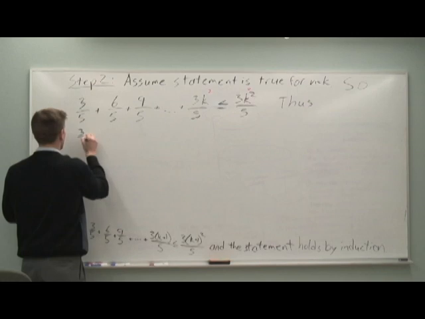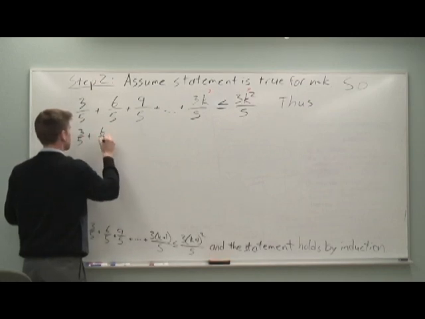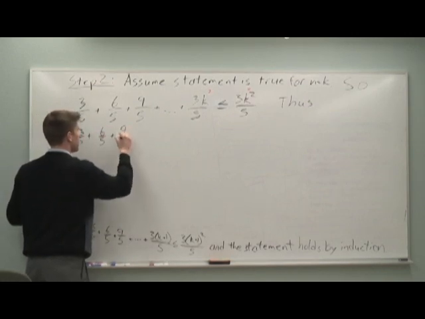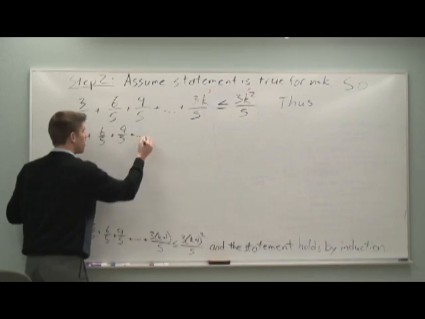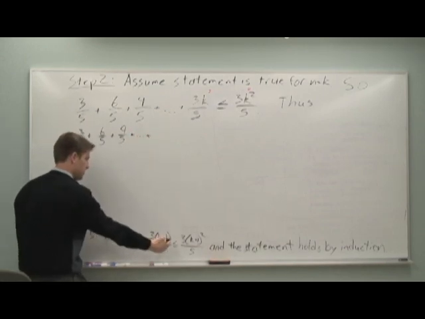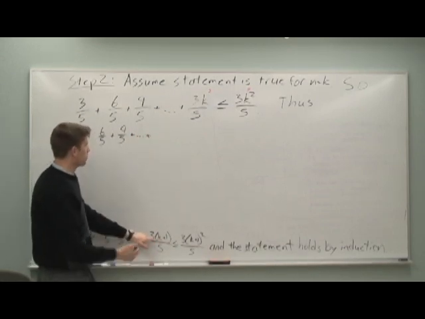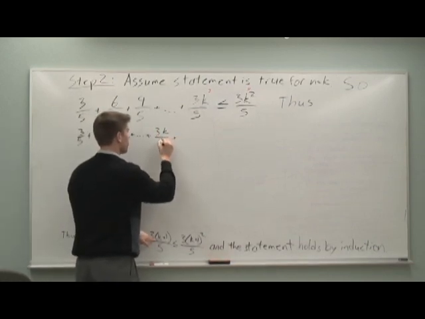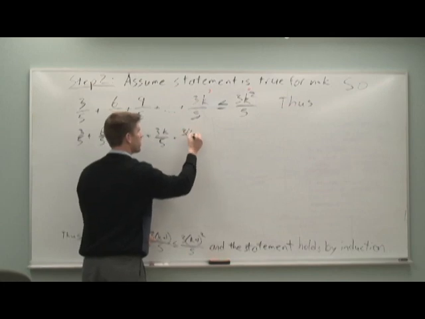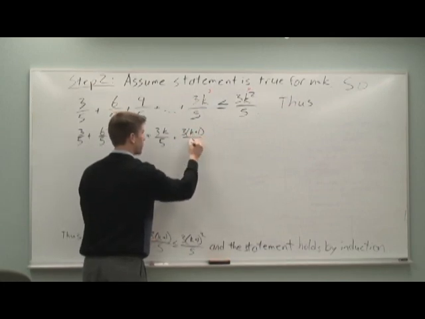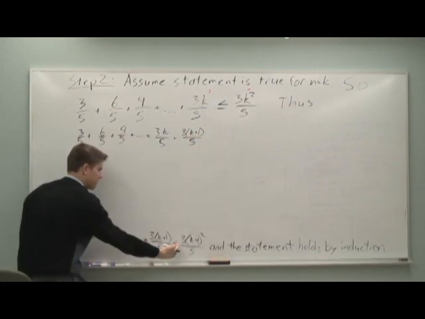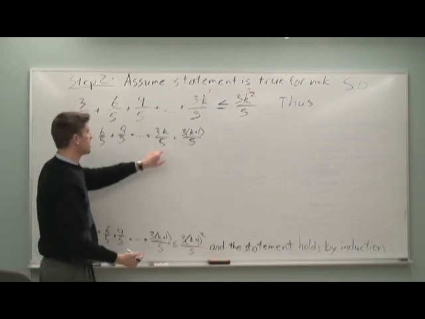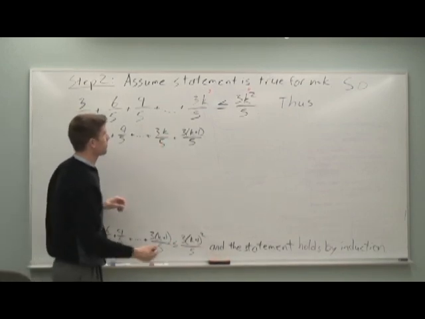Thus, 3/5 plus 6/5 plus 9/5. Now notice that this piece goes through 3k over 5 before it gets to 3(k+1) over 5. So this is really rewriting the left-hand side here. I'm just writing in explicitly this term.